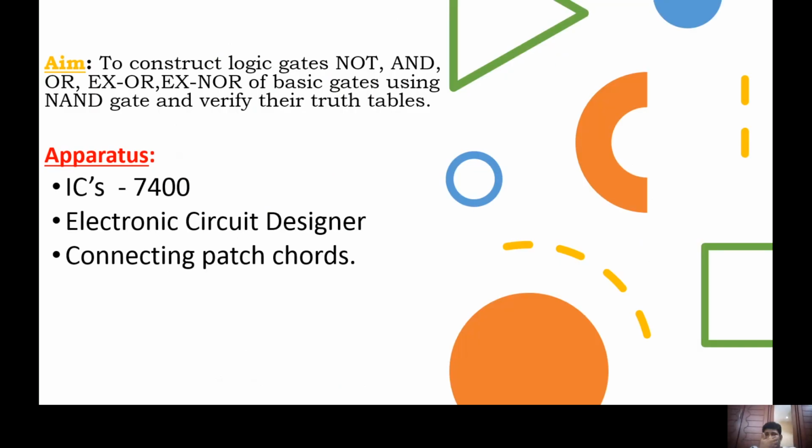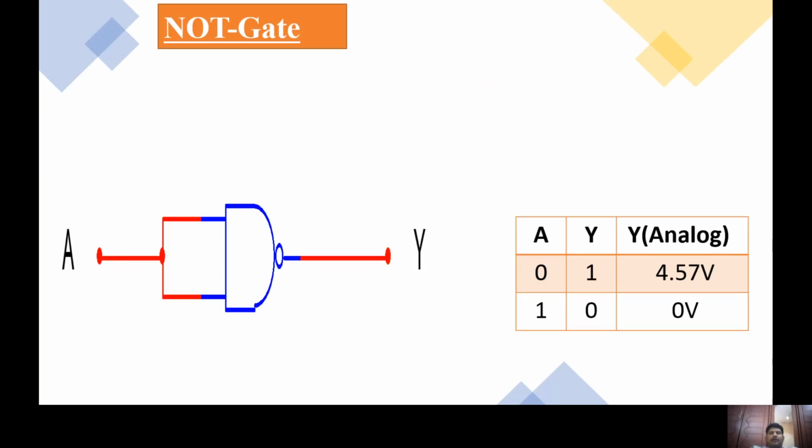The aim is to construct the basic gates, NOT gate, AND gate, OR gate, XOR gate, XNOR gate, using NAND gate, and the same thing we can implement with the NOR gate also. So NAND and NOR are called universal gates. We will see how we can implement any one of the other basic gates by using NAND or NOR. So let us take the NOT gate.